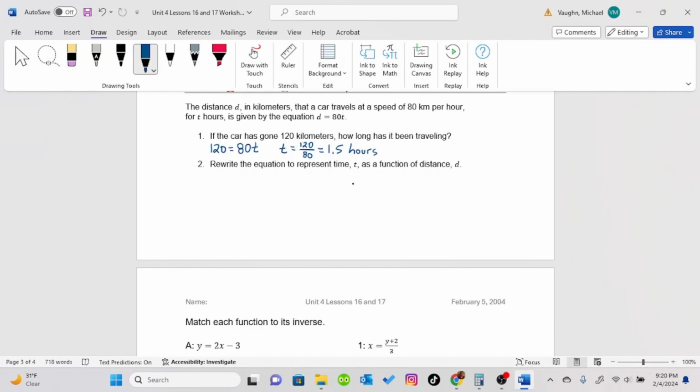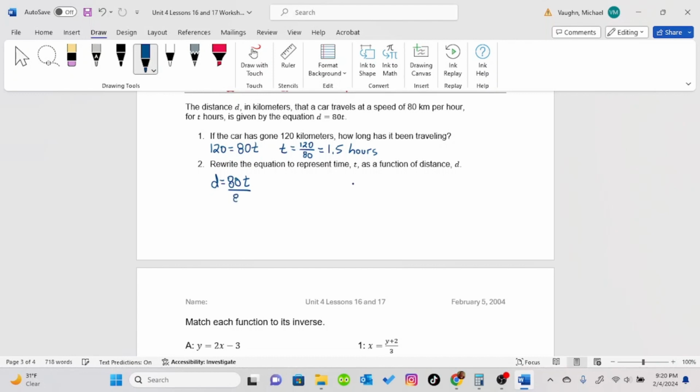Number 2, rewrite the equation to represent time, t, as a function of distance, d. We start with the original equation, d equals 80t.